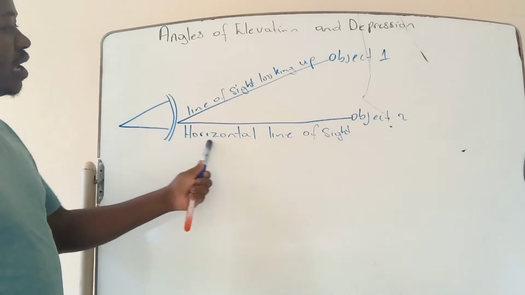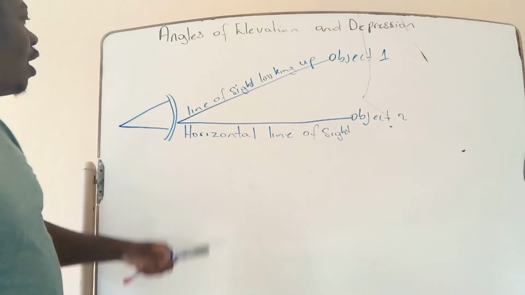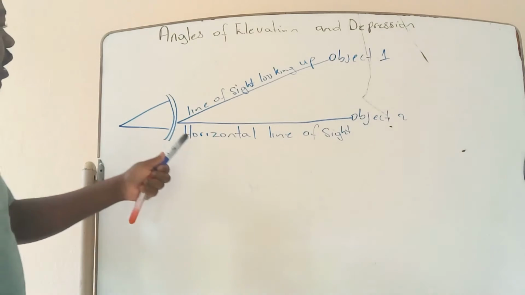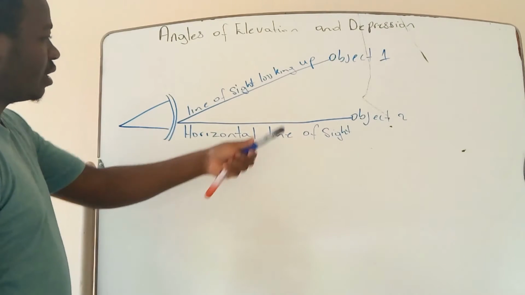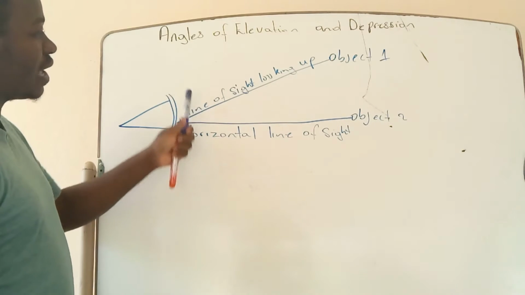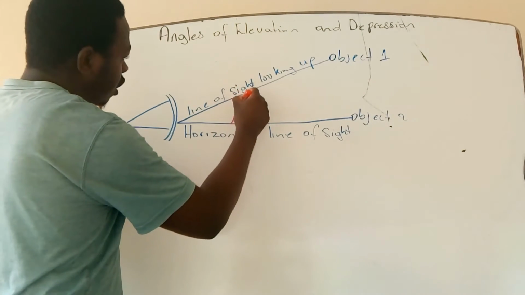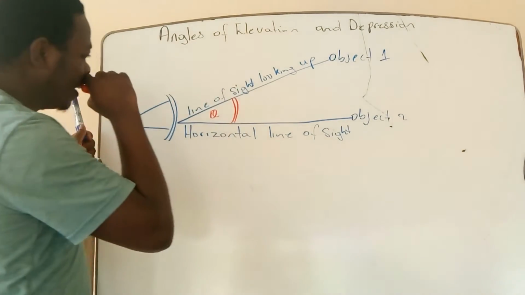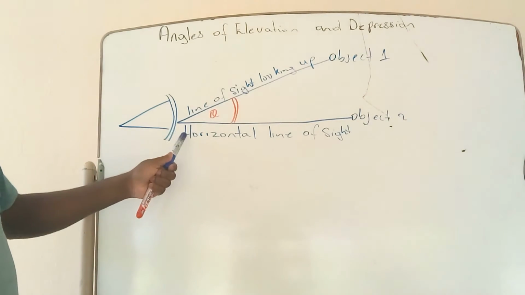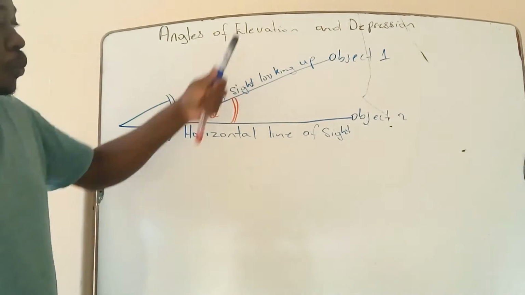So we have the horizontal line of sight and we have the line of sight looking up, or what we call the inclined line of sight, right? But note that between these two lines of sight, there is an angle that is formed. Here we have an angle. Let's call it theta. So there is an angle that is formed between the horizontal line of sight and the line of sight looking up.